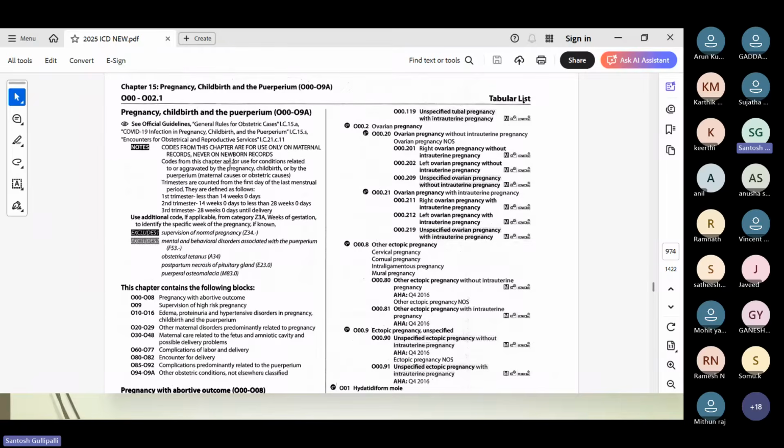If a baby is admitted to the hospital in that period and the physician diagnoses some disease, you do not assign O series codes. For the newborn there are P series codes, and you use only those. These O series codes are only used on the mother's record, not on the newborn record.